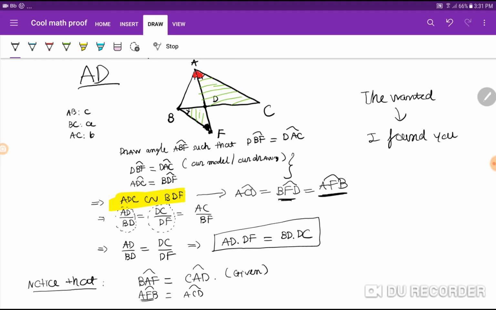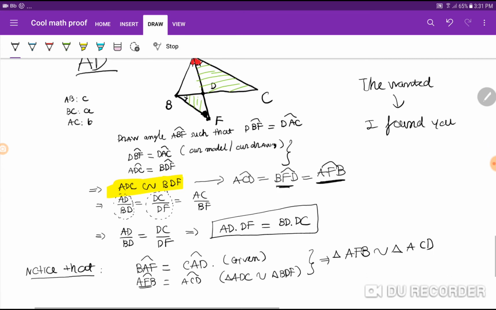So I'm here to point out they are the same. So in conclusion, we have AFB equals ACD because triangle ADC is similar to triangle BDF. Okay. So you will have triangle AFB similar to triangle ACD.